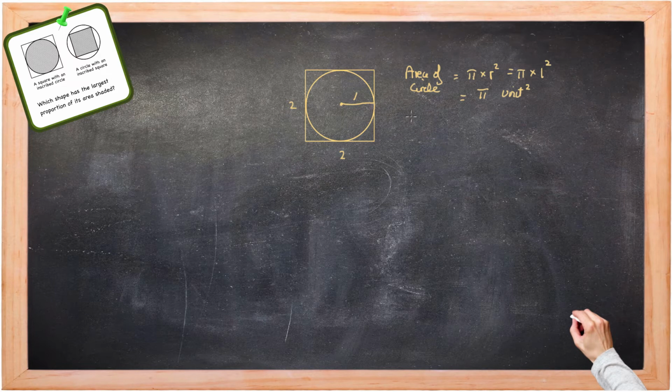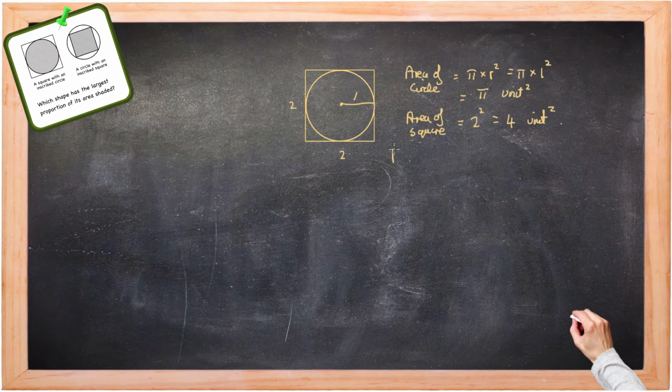Let's have a look at the area of the square. That's not a tricky one. Each side is length 2. So the area will be 2 times 2, 2 squared. That's why we call it 2 squared, because you're finding the area of a square of side 2. 2 squared is 4. So the area of the square is 4 units squared.